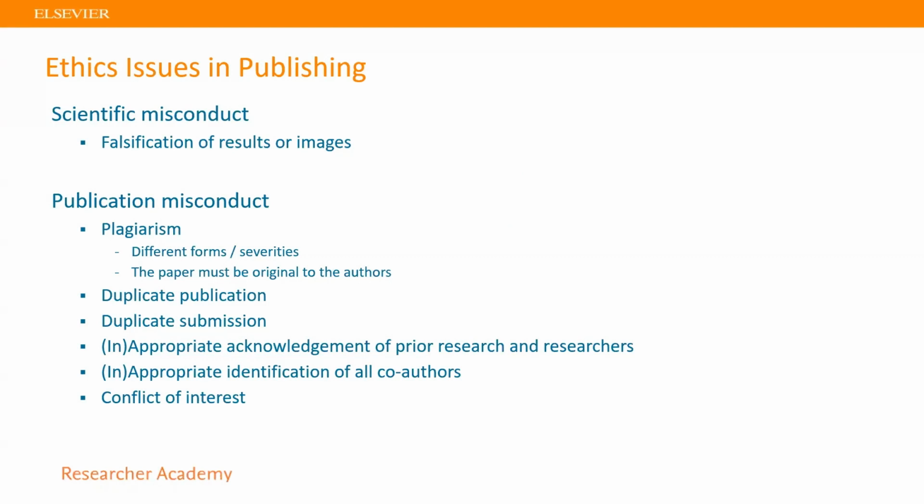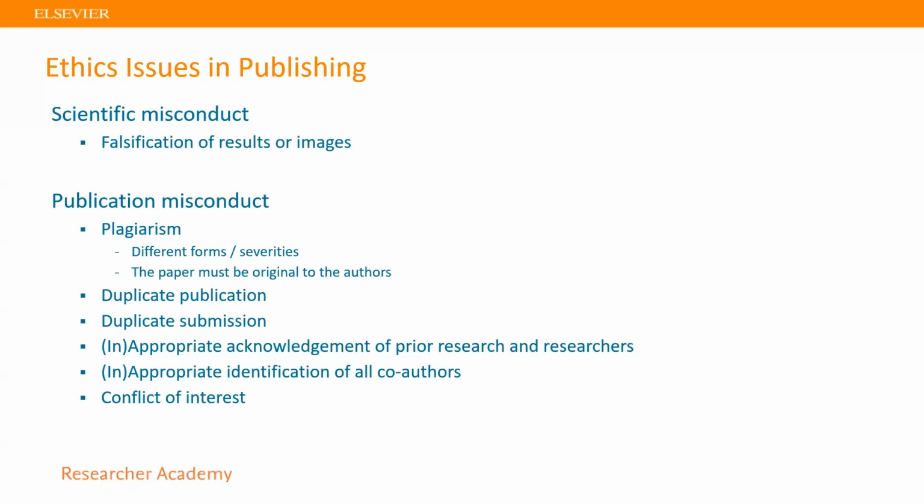Publication misconduct can be in the form of plagiarism, so using somebody else's work as your own. It can also be duplicate submissions or duplicate publications, so submitting or publishing in different journals at the same time, which is obviously not allowed.